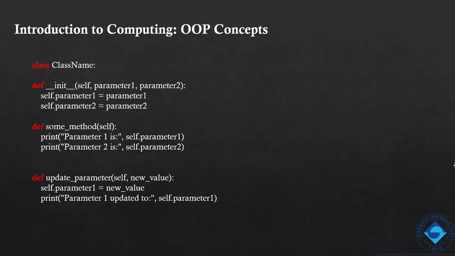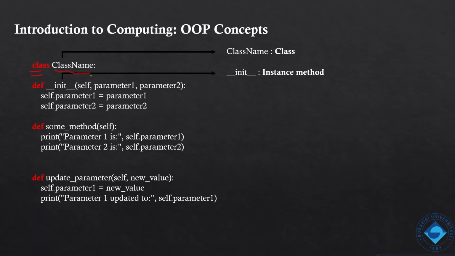Here, you can see the main skeleton of a class. First of all, to be able to define our class, we have to use the class keyword and then your class name. And here, underscore init underscore is called an instance method.